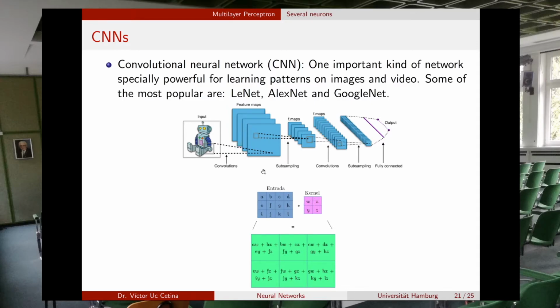You move the kernel over the whole image, and each time you apply it you get a number as an output, and that represents a neuron in the layer of your neural network.